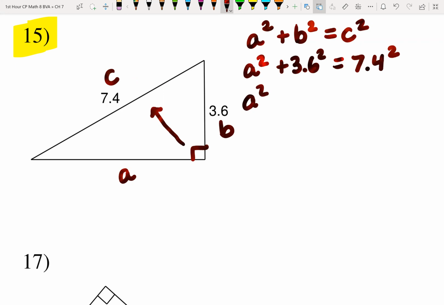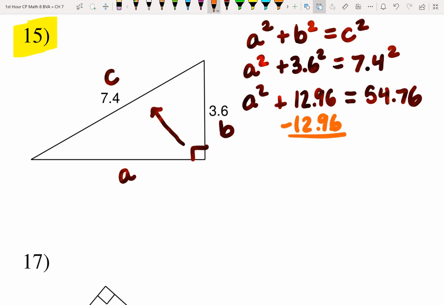So A squared plus 3.6 squared, that's 12.96, equals 54.76. All right, at this step right here, it's now time to algebraically solve for A. So we need to subtract this 12.96 from both sides. We got to clear this out of here. So 54.76 minus 12.96 is 41.8.